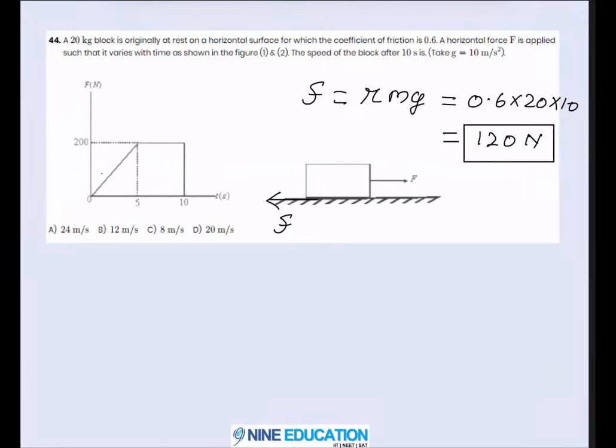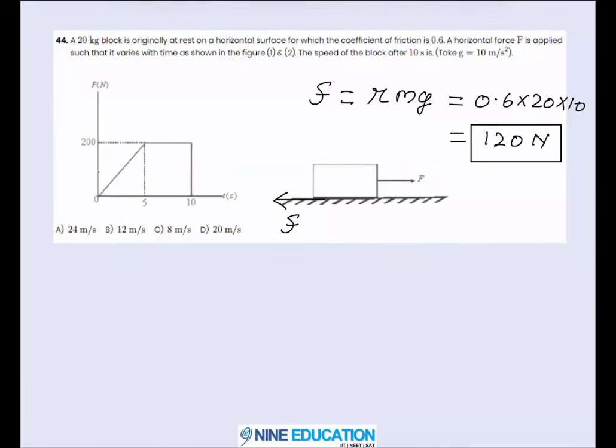So what you should do is draw a straight line depicting the limiting friction or the kinetic friction. Now, until and unless this force goes over this, the body is going to remain stationary, right?